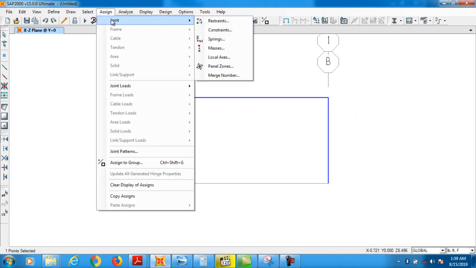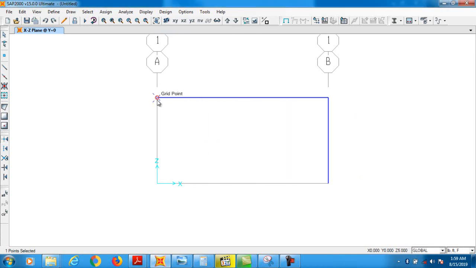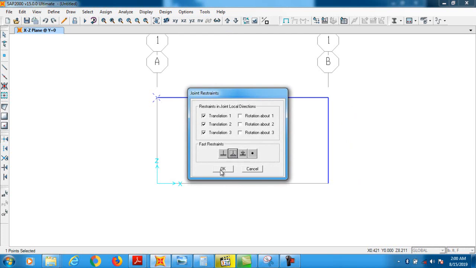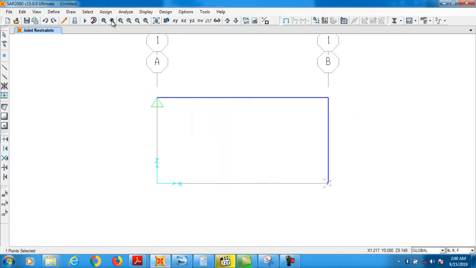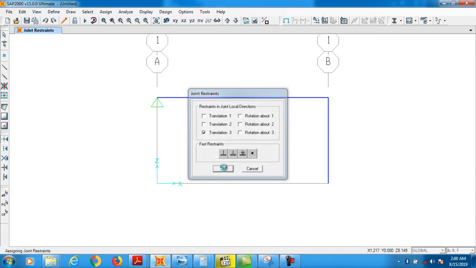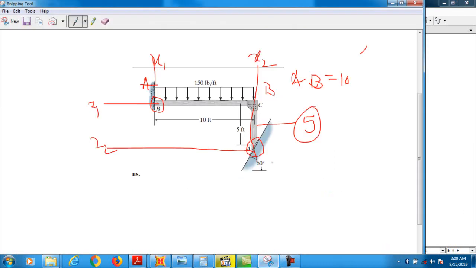That is joint, assign, restraint, hinge support. And there you need joint, restraint, and a roller support. Here we need to rotate this joint by 60 degrees, but the direction should be negative because it is anti-clockwise.